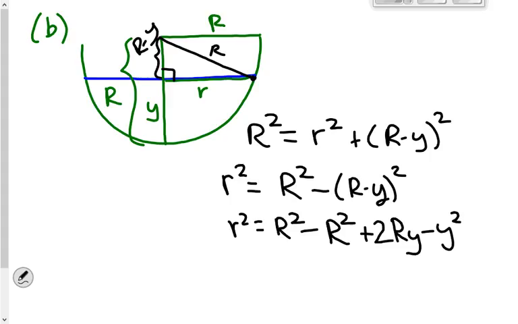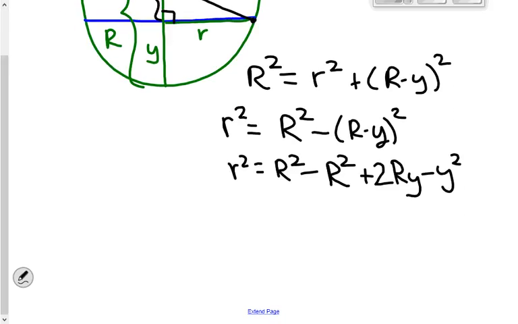Because this negative y is going to get squared and be positive y squared, and then I've got my negative sign from the outside. And like I suspected, those r squareds are going to go away.